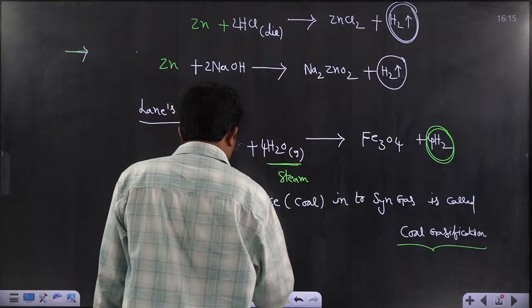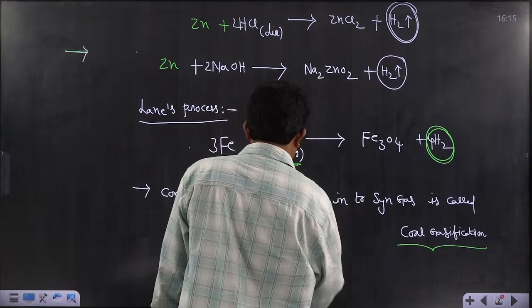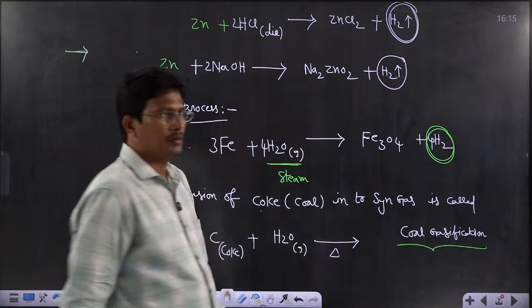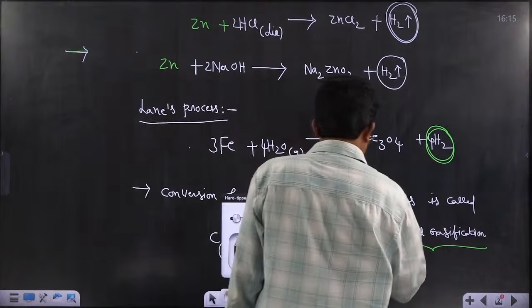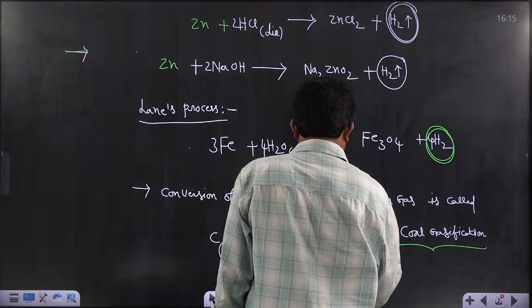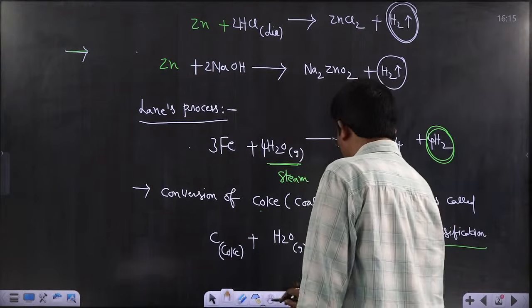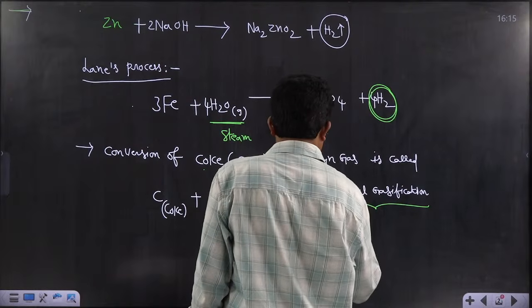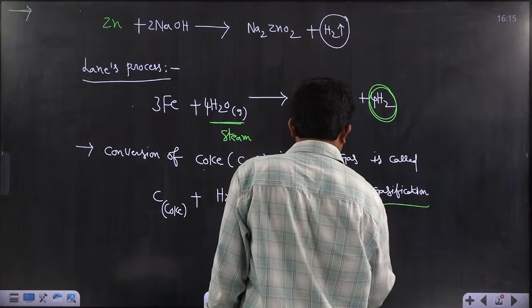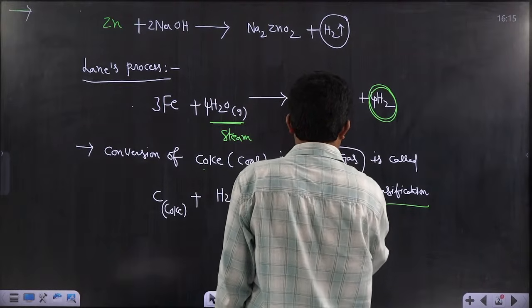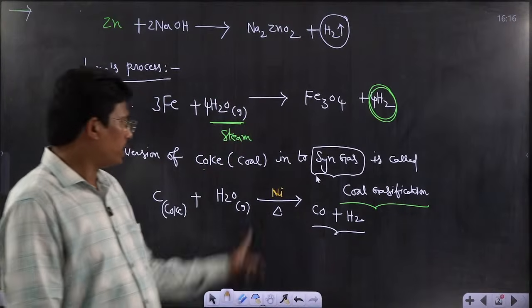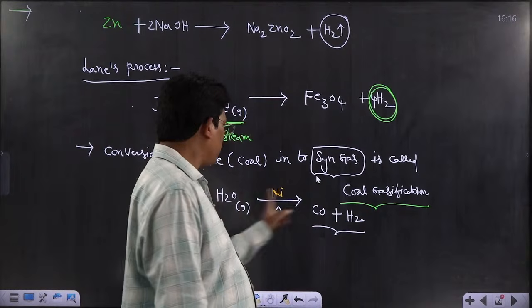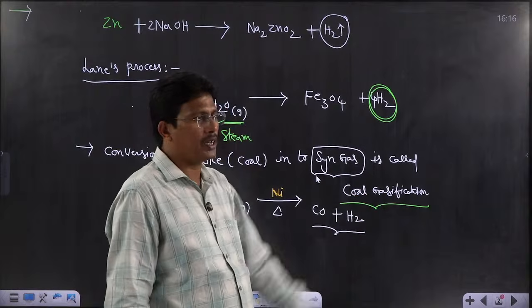Coke formula is carbon. Steam is nothing but water vapor. Heated in the presence of nickel catalyst, we get carbon monoxide along with hydrogen. This mixture is called syngas. Important: both are gases. The conversion of coal into syngas is called coal gasification.